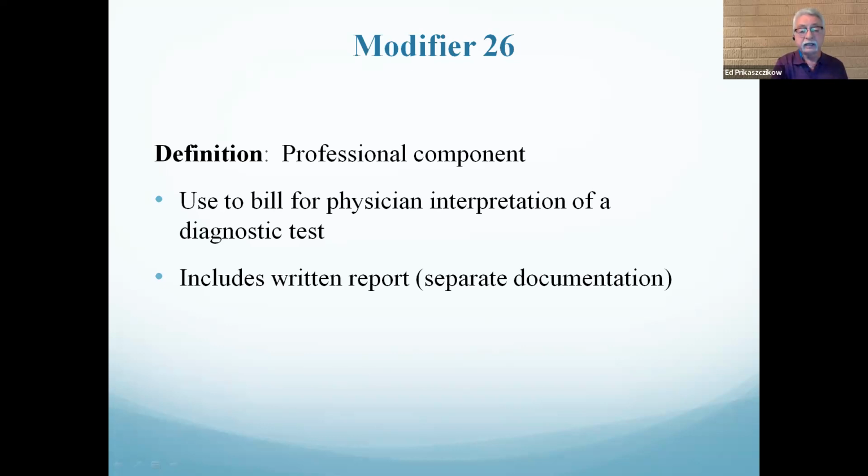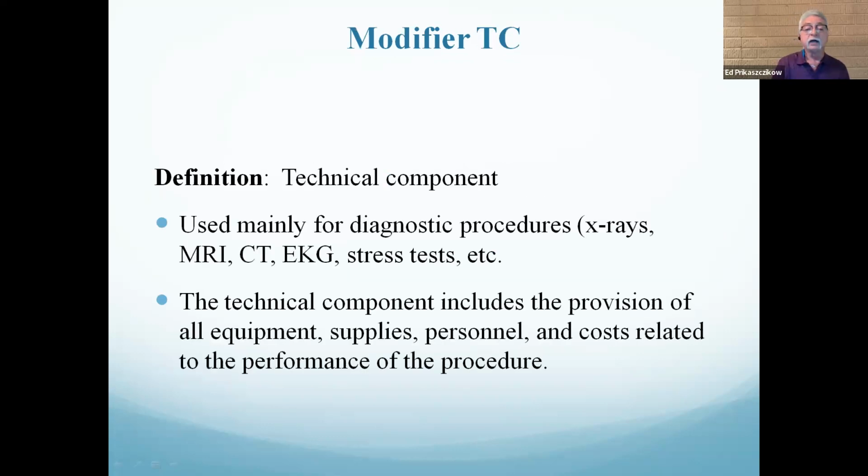And so they're differentiated between the technical component and the professional component, depending upon which part that physician is doing. And this is used mainly for diagnostic procedures. And by the way, the technical component does comprise the majority of what's reimbursed for this.